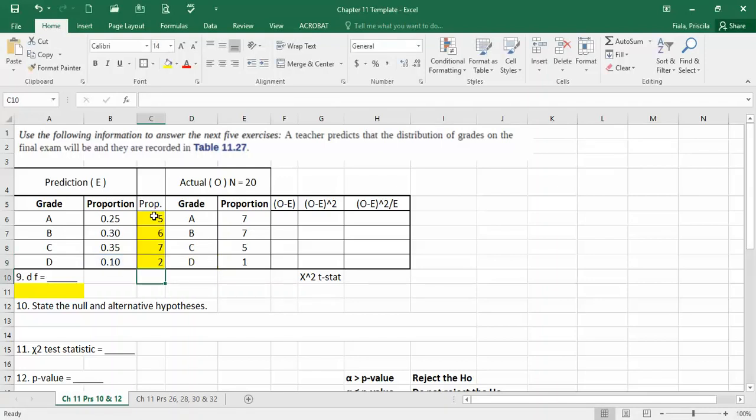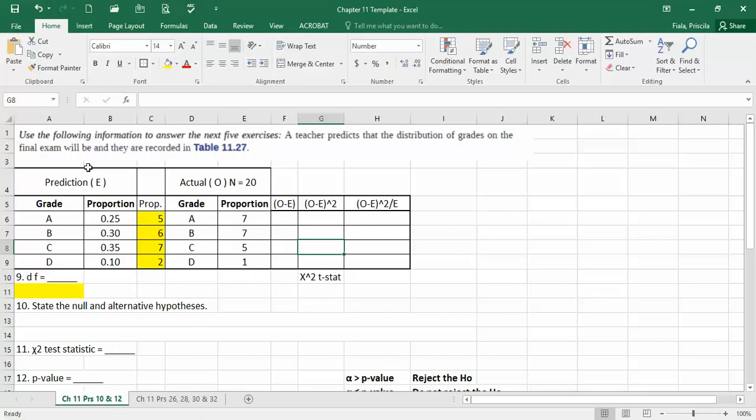So these were the expected. She expected 5 students to get an A, 6 to get a B, 7 to get a C, and 2 to get a D. And in reality, 7 got an A, which is great, 7 got a B, 5 got a C, and 1 got a D. So the class actually did better than she expected.